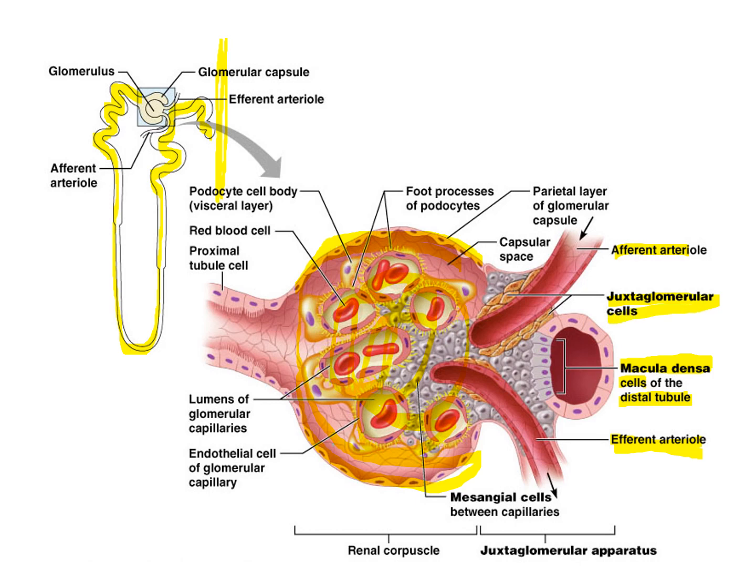These are juxtaglomerular cells. Together, the juxtaglomerular cells and the macula densa form the juxtaglomerular apparatus. So these two, this and this, form the juxtaglomerular apparatus. Okay.